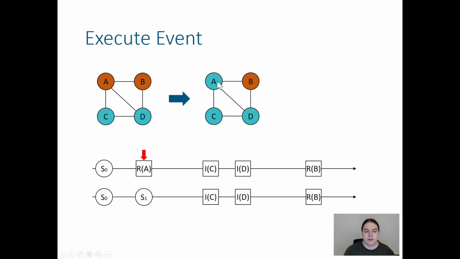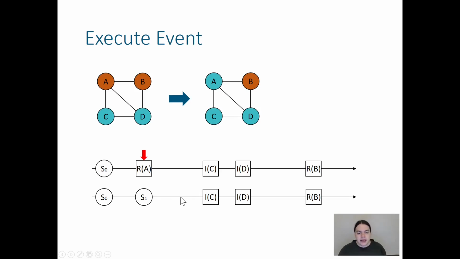And if we have a look at the timeline, it looks like this, that previously we were at this time in state S0, and now we are at that time in state S1. And these are the events we still have scheduled.